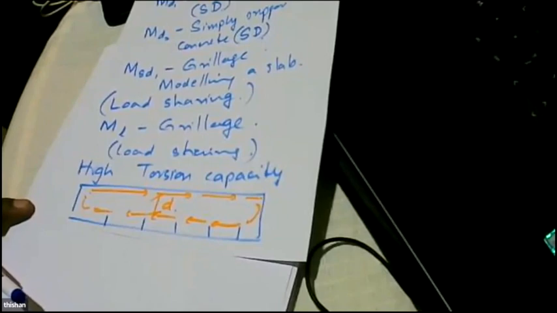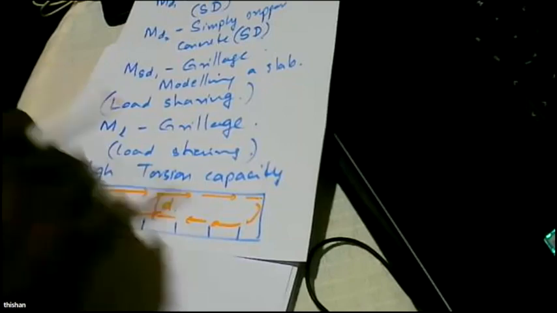Even the grillage method was originally proposed in 1964, so not the early 1960s, the late 1960s. They did a lot of testing to develop this particular form of structure, and they found that this slab bridge is very good because it has very good load sharing characteristics.